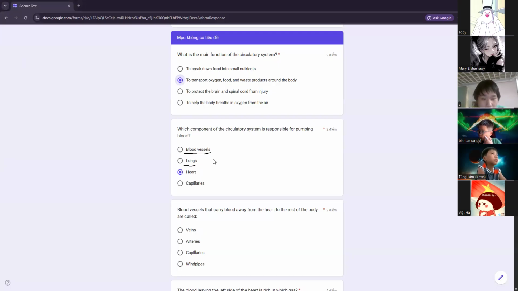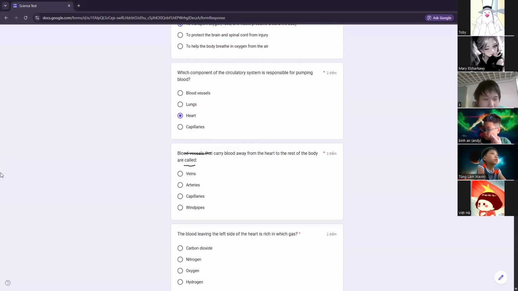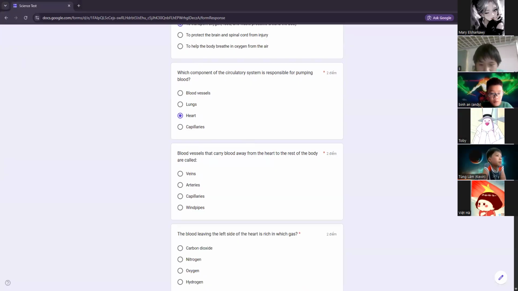Now, can anybody tell me which blood vessels carry the blood away from the heart? Away from the heart. Anyone? Can anybody tell me which? Is it the veins? No, actually.